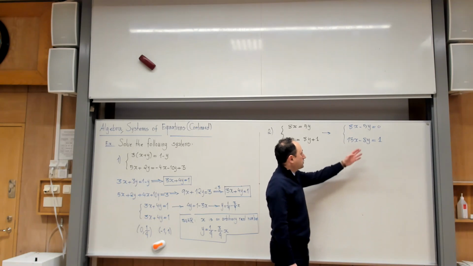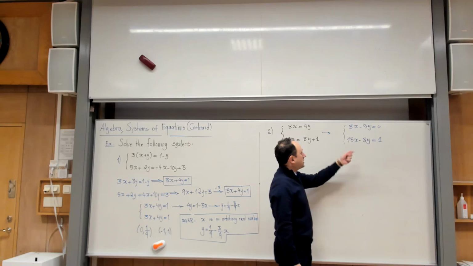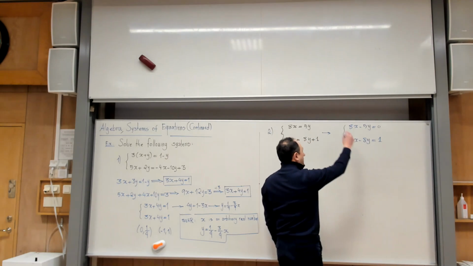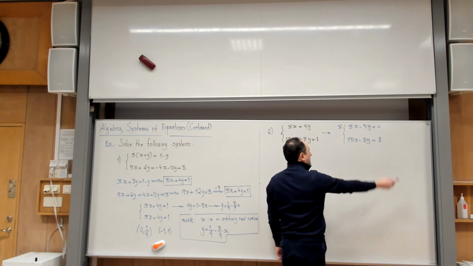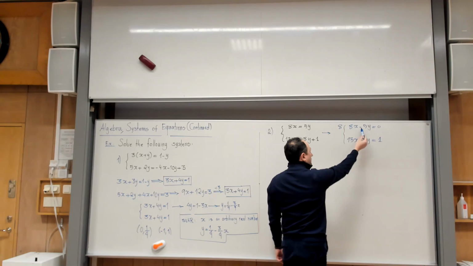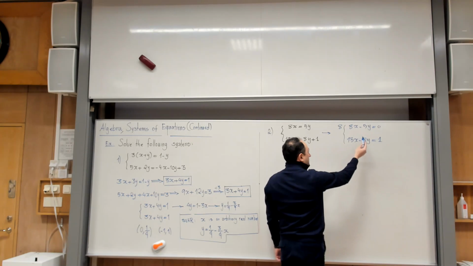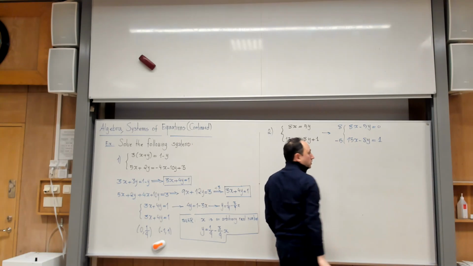So I want to get rid of y, so I have to adjust the numbers. If I multiply this by 8, I will get some 40 with a negative sign here. But if I want to get 40 with a positive sign, I multiply it by minus 5.